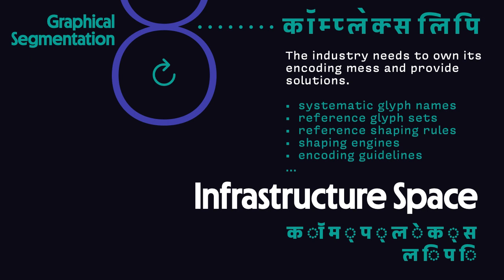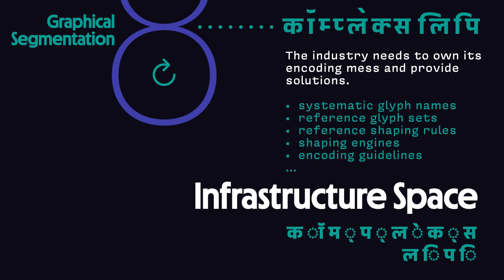Glyph names, we believe, need to be expressive enough in terms of graphical structures. You need to be able to describe the shape in the writing system, in the script. And they should also be systematic enough to be somewhat interchangeable.